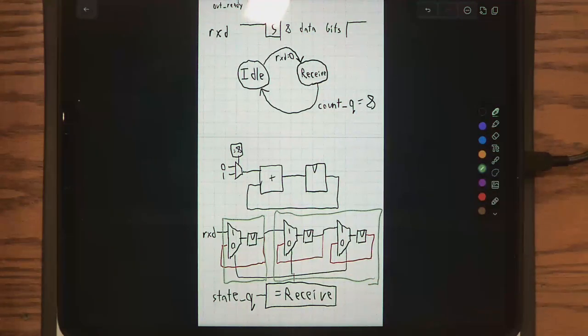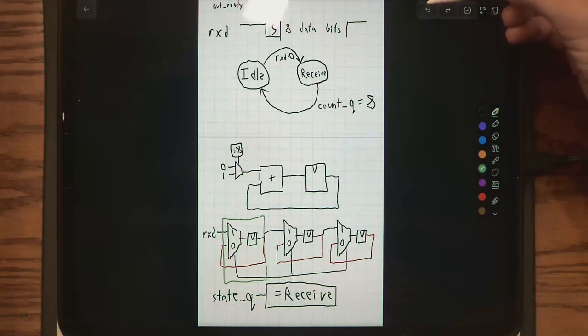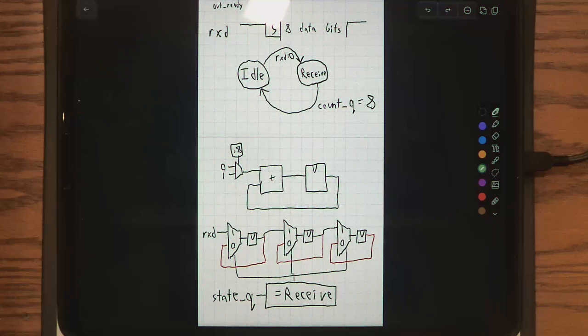So it's not even a part of the state. Inside of the outputs, I would say, here's the parity bit, here's the data bits. Okay. Cool. Good.